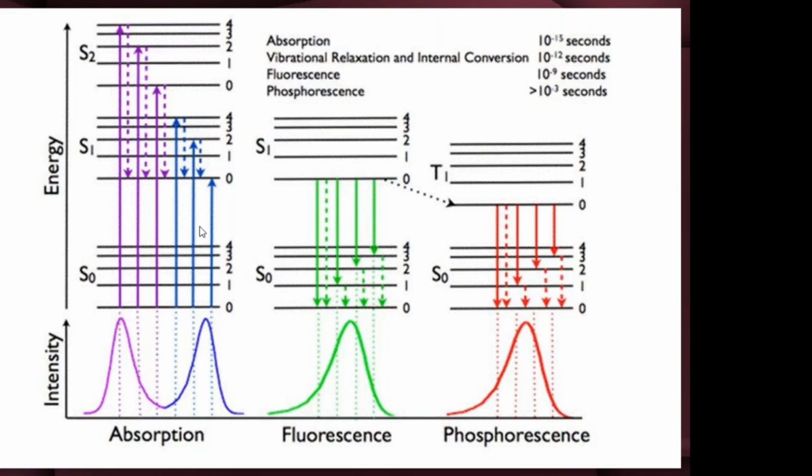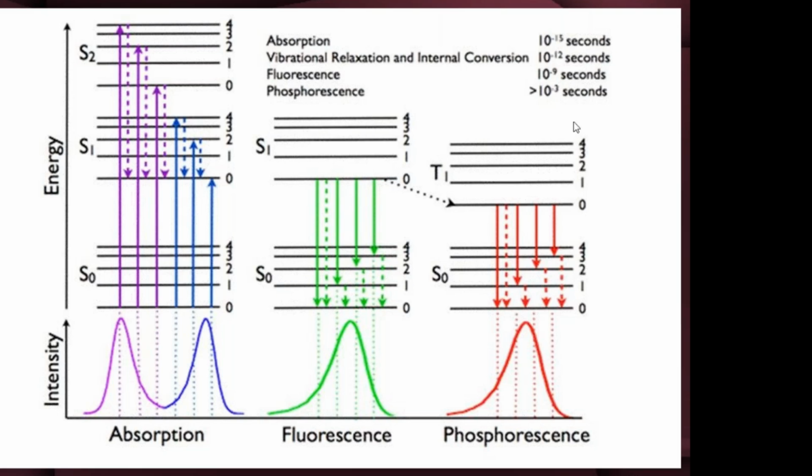So the blue ones represent a smaller energy transition. Both these will result in absorptions, and so you can get an absorption spectrum of intensity versus wavelength, shorter wavelength first and then the longer wavelength. So you get two peaks because of absorptions occurring. Next, it is followed by vibrational relaxation and internal conversion.